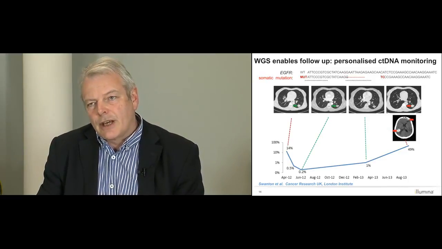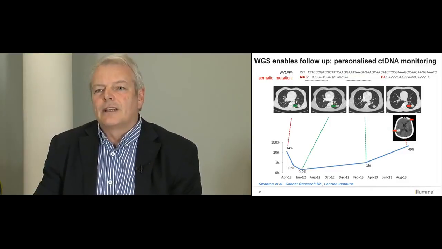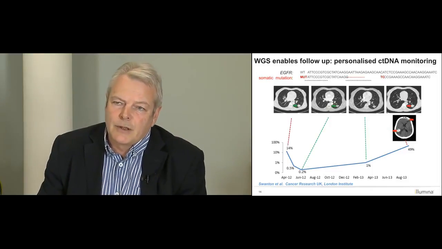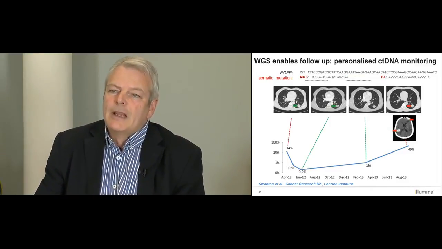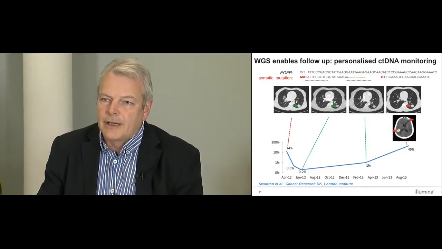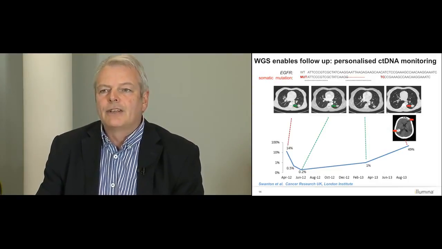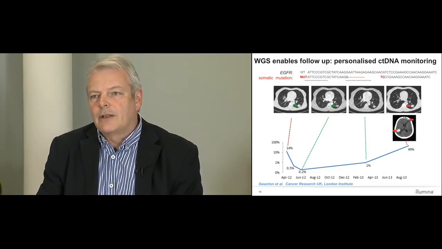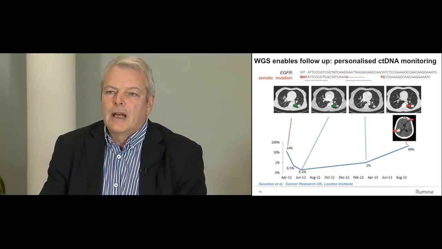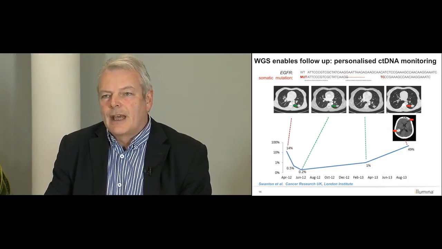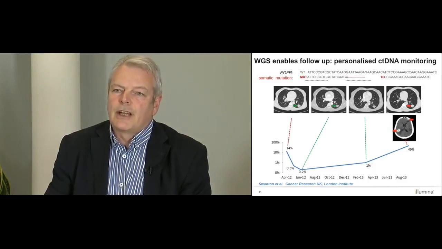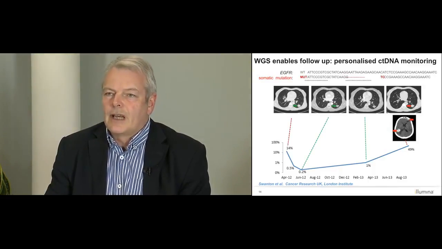So this just illustrates not only the value of having an extensive somatic mutation profile of a patient, but the ability to use it in follow-up tests which are highly targeted, highly personalized. It also begins to hint at this ecosystem once again, an integrated system whereby you can use different methods to apply and understand and better measure the progression of cancer in a patient at different times during their life.